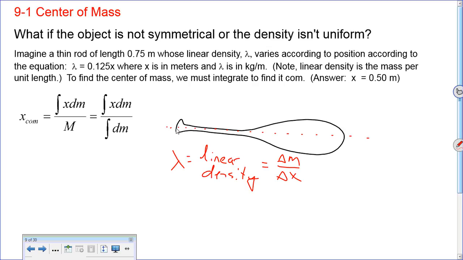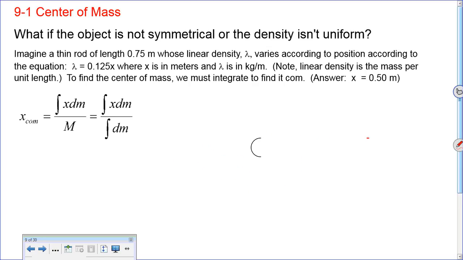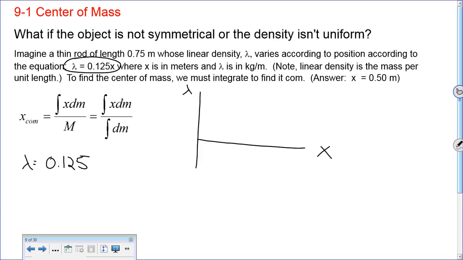Suppose we had a scenario with position and density. In this example, here's our equation for linear density: our linear density is 0.125 times x.